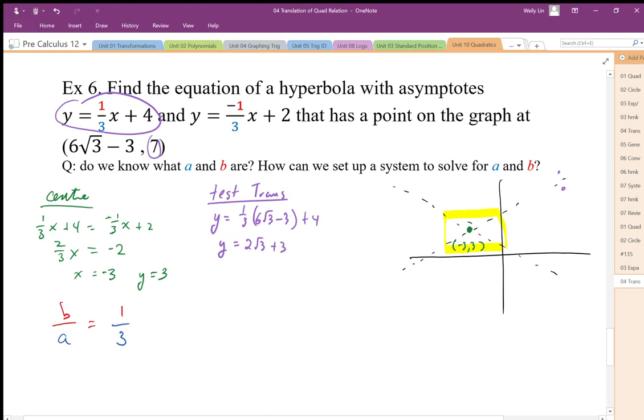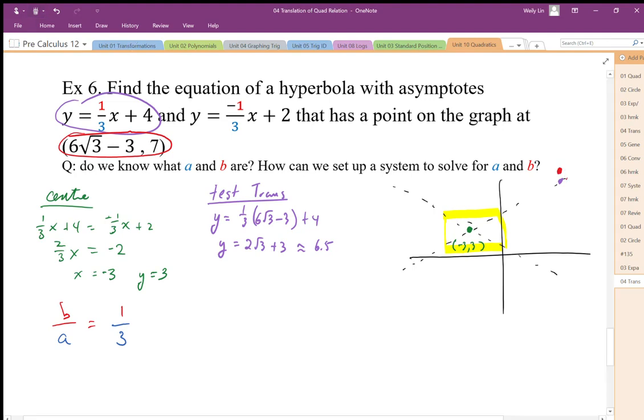When I work out this coordinate, this is about 3.4 plus 3, so about 6, approximately 6.5. The coordinate that I have here is going to be above that line.